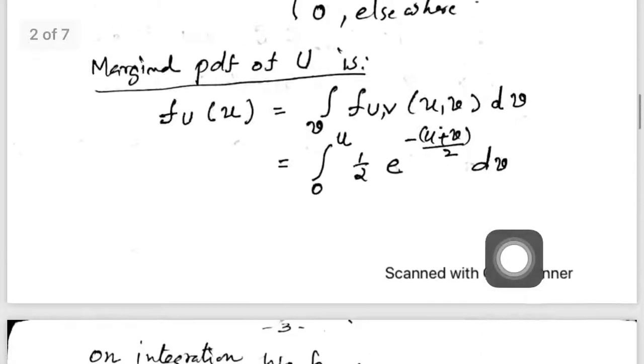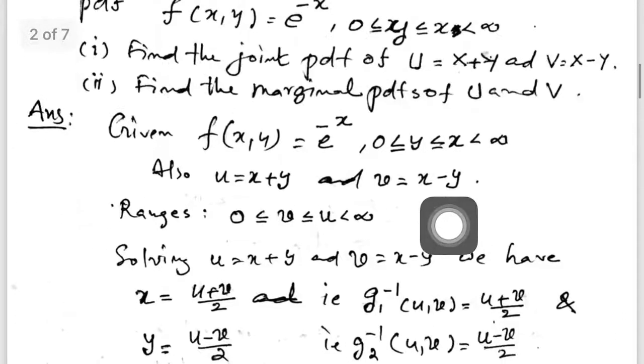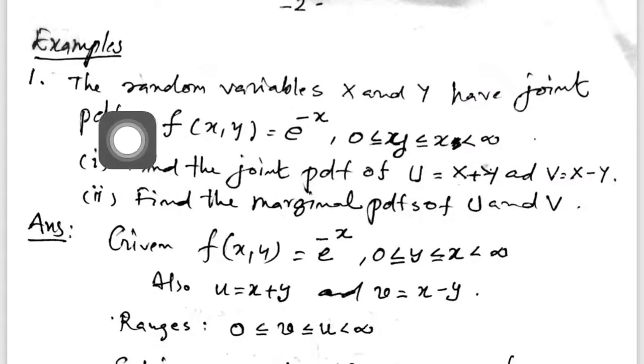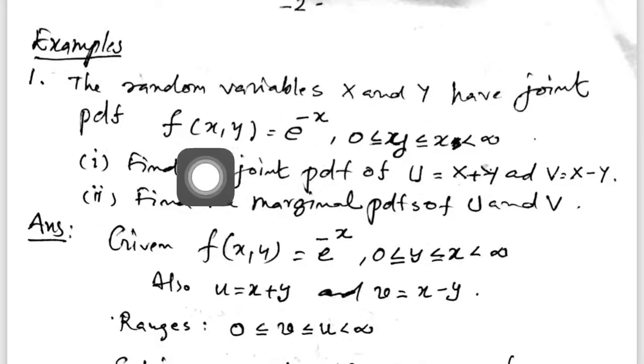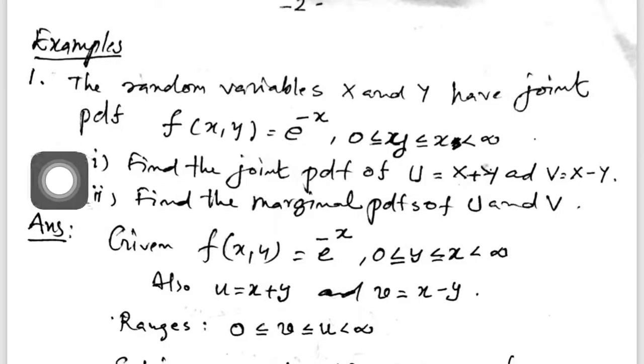And you see in this example, the random variables x and y are given whose joint PDF is given. Sometimes in some questions, you will not have the joint density, but you will have the distribution of x and the distribution of y separately.